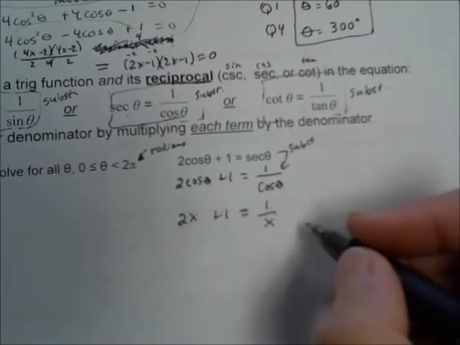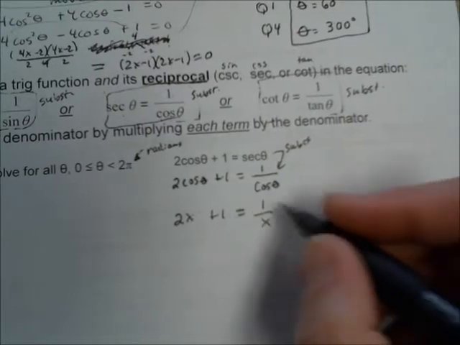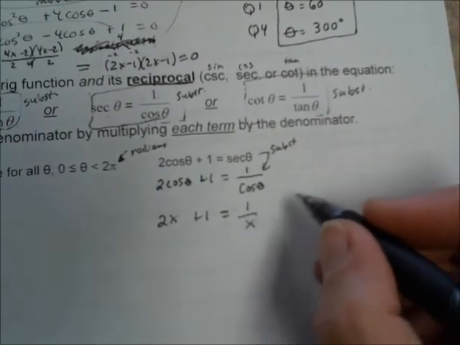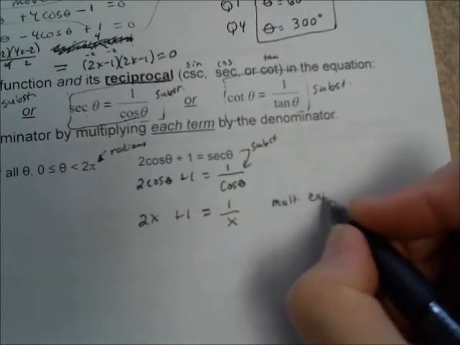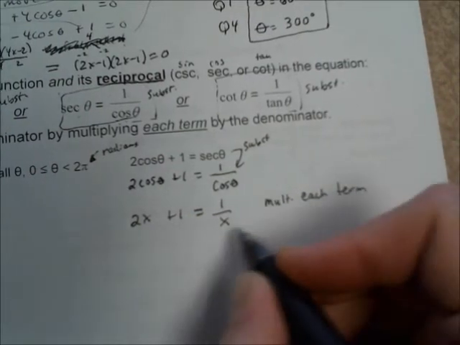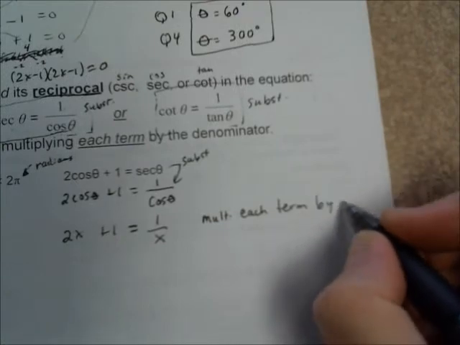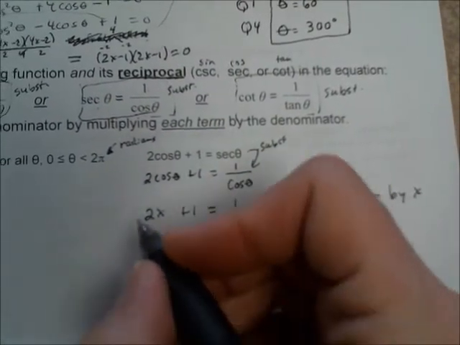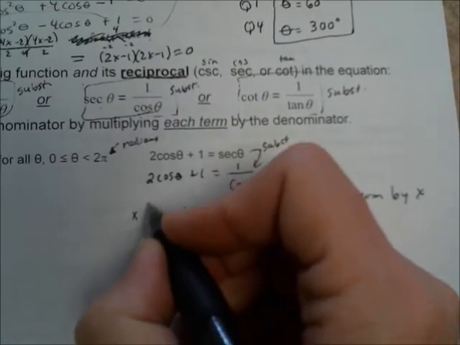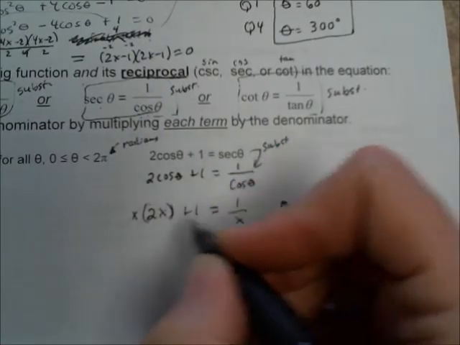And if you have an equation that has a denominator, this is called a fractional equation, you're going to have to multiply each term by the denominator, which is x, on both sides. So this gets multiplied by x, 2x times x.